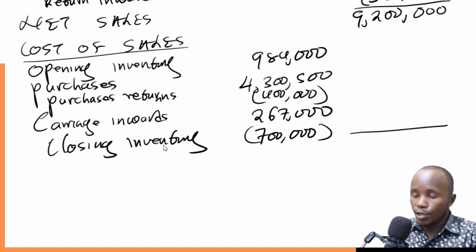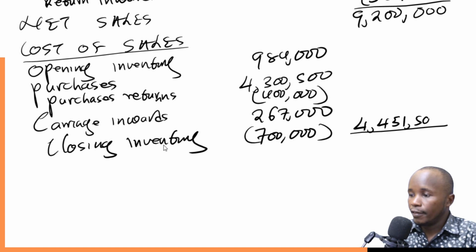So let's do our calculations: 984,000 plus 4,300,500 minus 400,000 plus 267,000 minus 700,000. This will give you 4,451,500, the cost of sales.